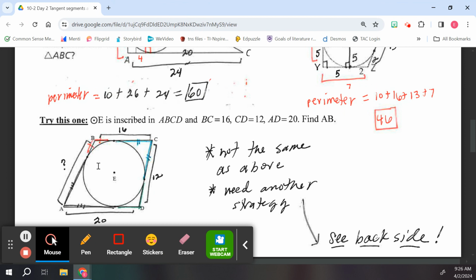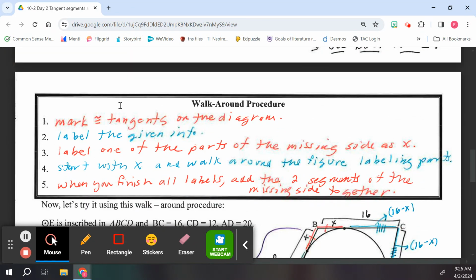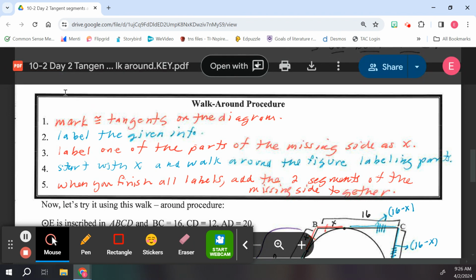And this is called a walk around problem, where you start at one area and you literally go around the problem and calculate other sides. So that's what I'm going to have you write down right now. This is the walk around procedure. First thing you're going to do is mark all the tangents on the diagram congruent. And that's that whole point out in space idea. Label the info that's given to you.